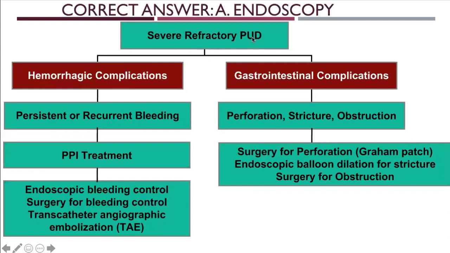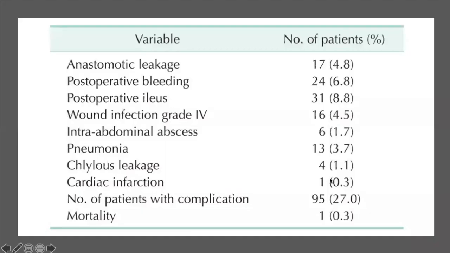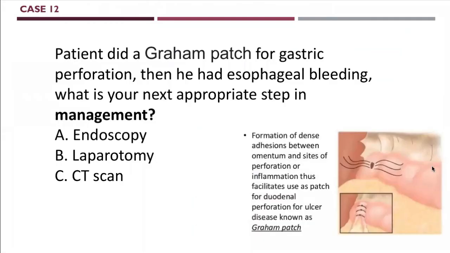If you have peptic ulcer disease with a gastrointestinal complication, like this patient who had a perforation and surgery for perforation, they did the Graham patch. They would do either endoscopic dilatation or surgery for obstruction. But here the patient has esophageal bleeding.